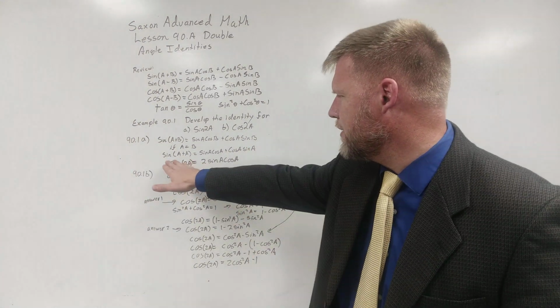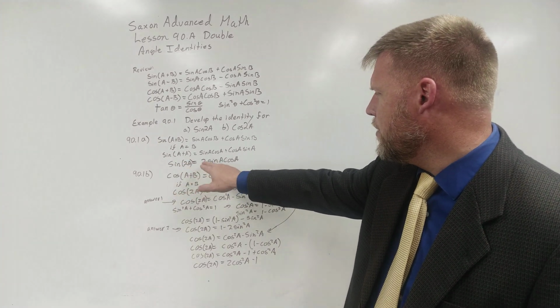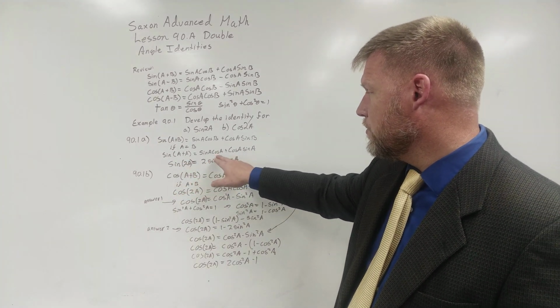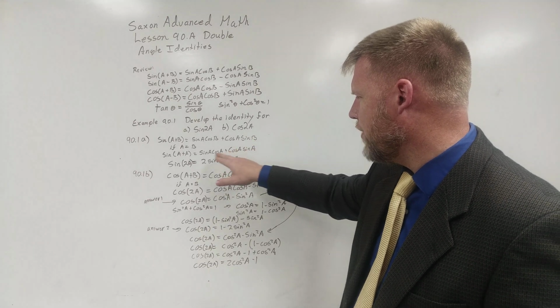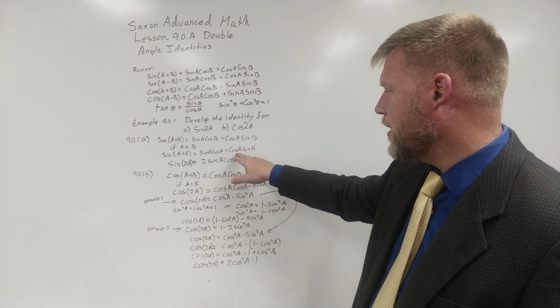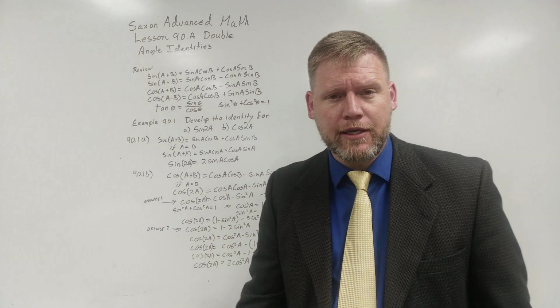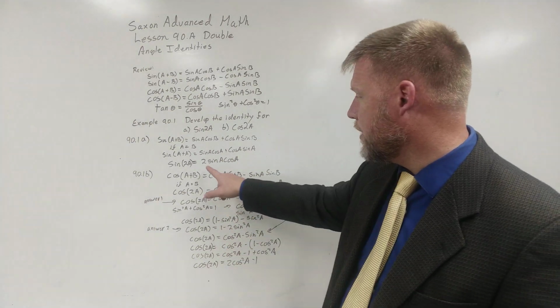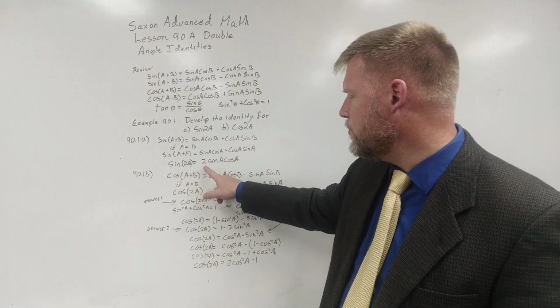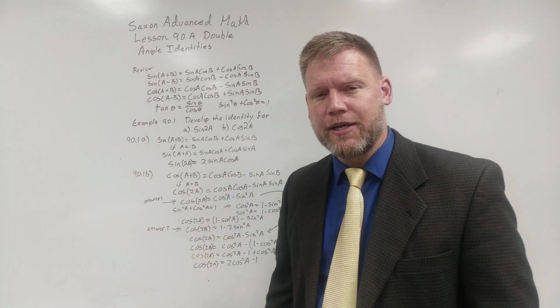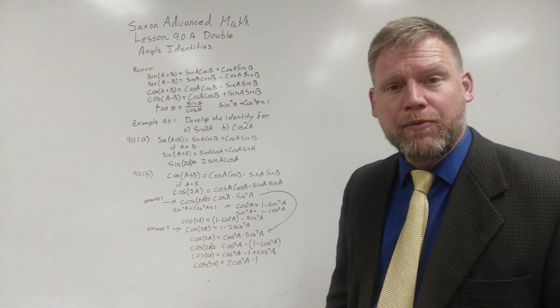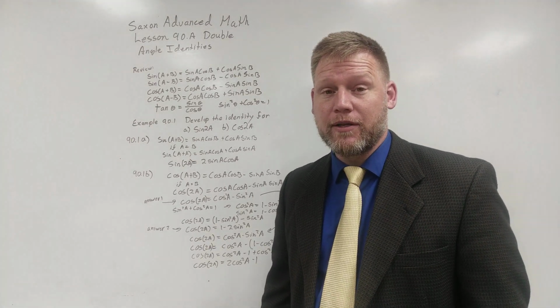So I get sine of 2a equals sine a cosine a plus sine a cosine a. If I change the order around, I'd have sine a cosine a plus sine a cosine a. Well, with the two things being added together, I can very easily say the sine of 2a is 2 times the sine of a times the cosine of a. Very easy. We should be able to not necessarily memorize that, but define that very quickly and easily.